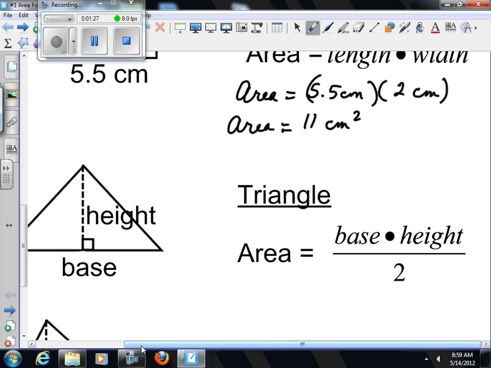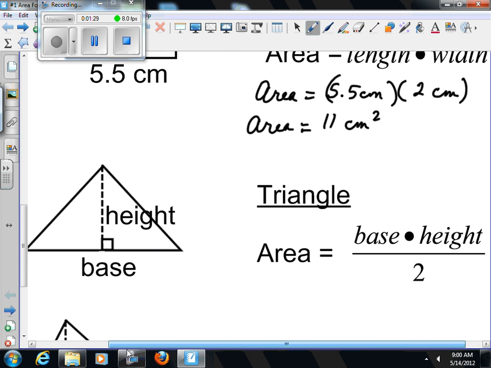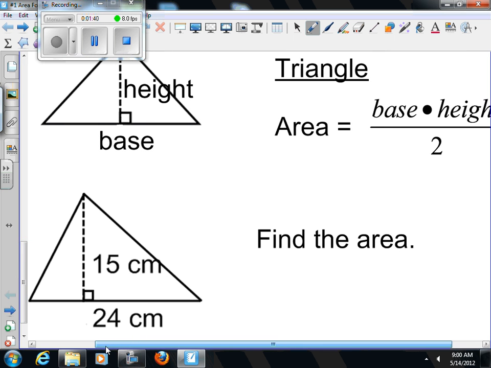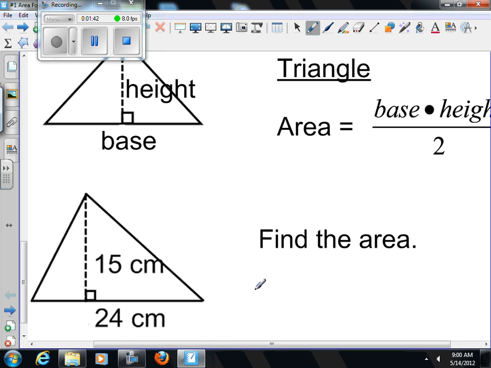Let's move on to the triangle. The area of a triangle is base times height divided by 2. And so let's say we have this particular triangle where the height is 15 and the base is 24.